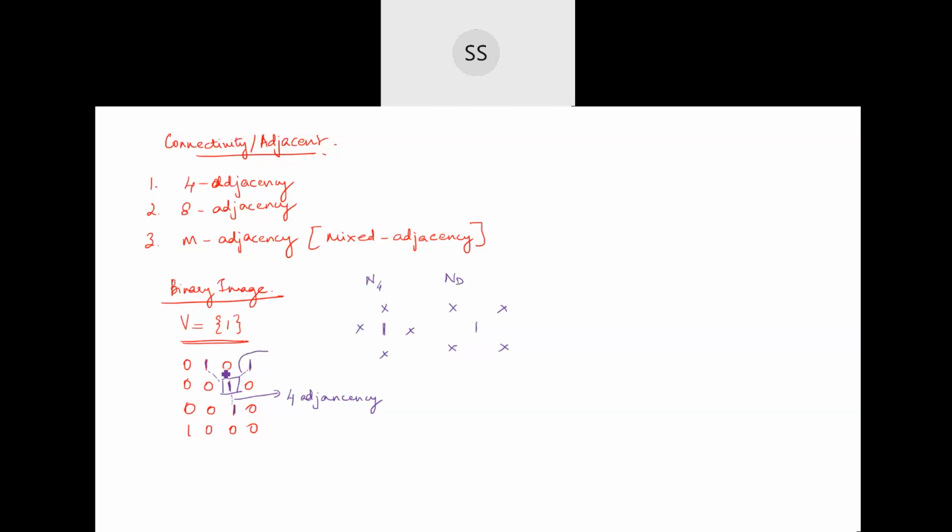These two connections belong to eight adjacency, because normally we say either four adjacency or eight adjacency. So when my elements are in the diagonal position, I'll call them eight adjacency. That is, they are connected via the eight adjacent pixel concept. So that is about your binary image.